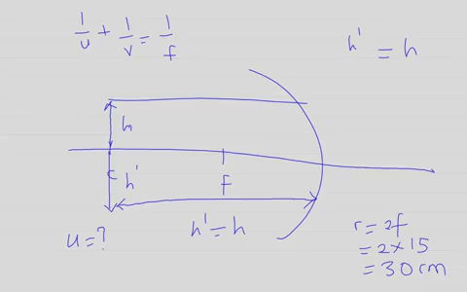If it stays at the center of curvature, image height will be equal to object height. But what should be the distance from the mirror? The distance will be the radius of curvature, and the radius of curvature is related to focal length by 2 times f. So from there you get u equals 30 centimeters as the distance of the object.